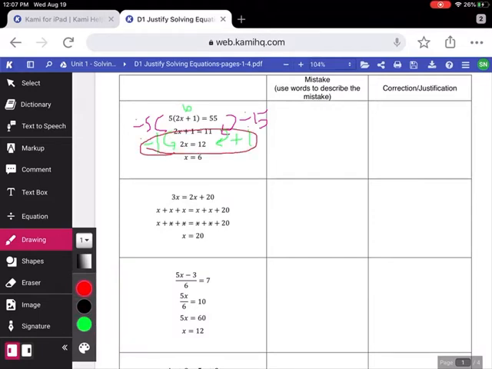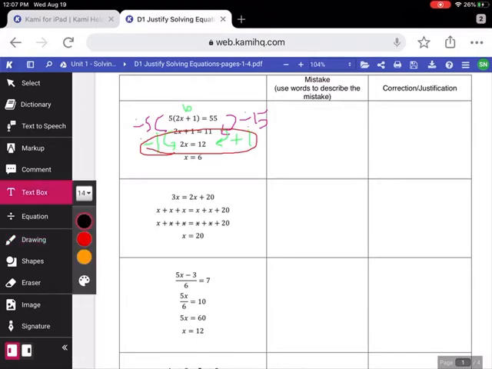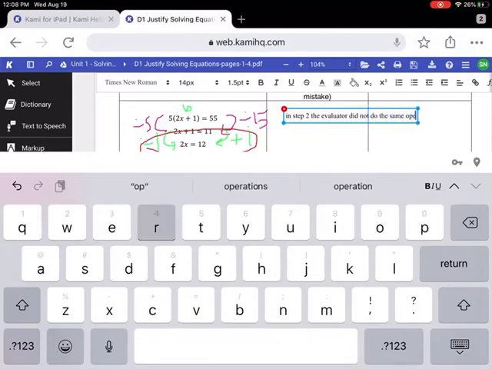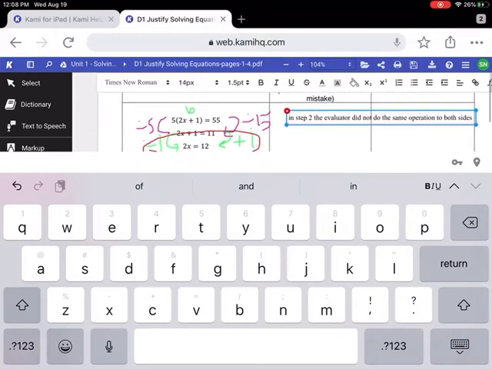So describe the mistakes in words. I would put here: in step 2, the evaluator, that would be you, did not do the same operation to both sides, and that changes our equation.